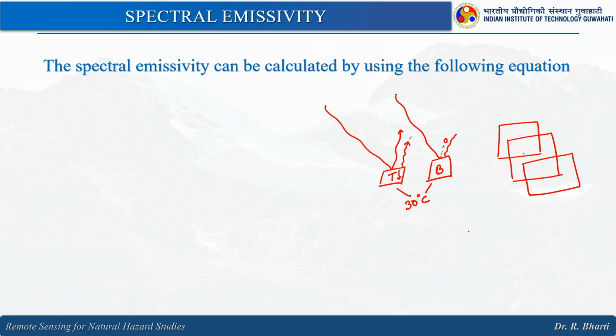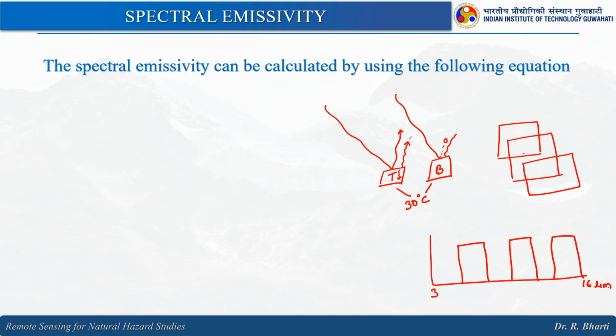So, let us say I have generated 3 images between this 3 to 16 micrometer. Now, the first pixel of this image, this is here, this is here, this is here. All of them are generated using the radiant energy received by the sensor.